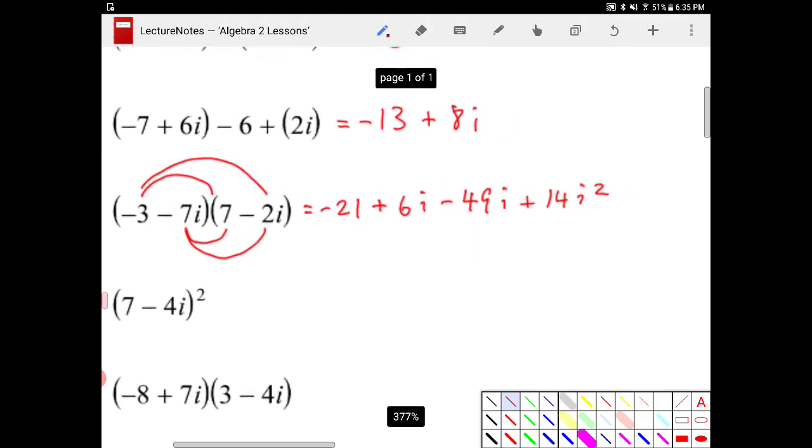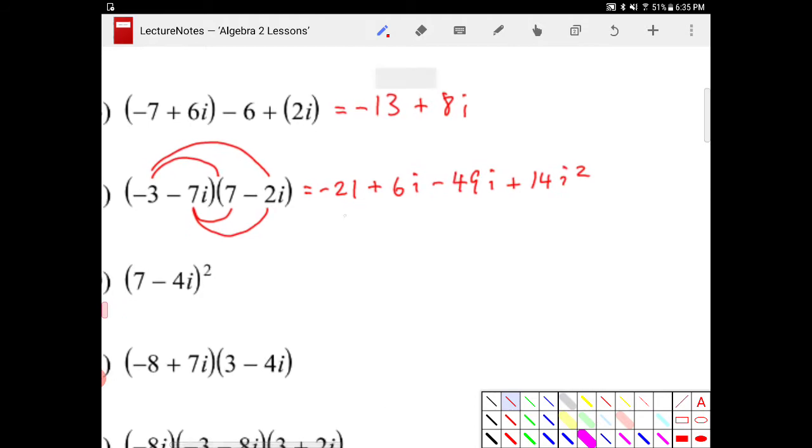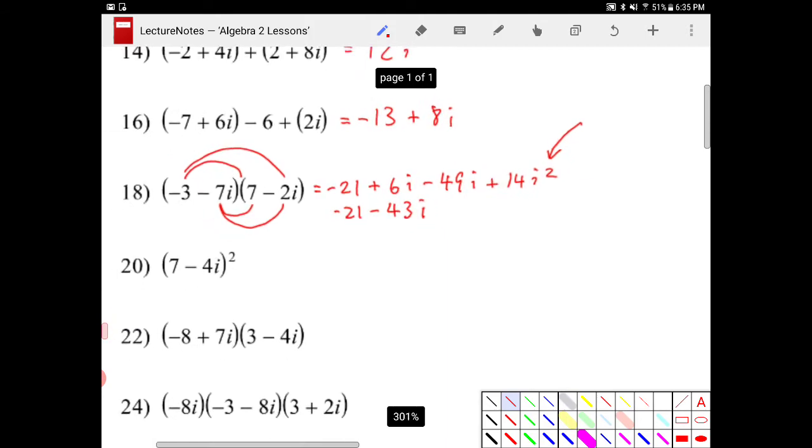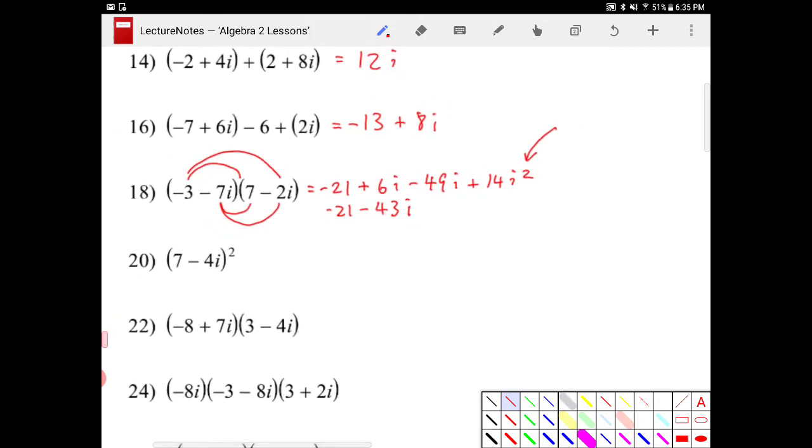We've got to continue simplifying this. Looking at this, I have negative 21 and then 6i and negative 49i. That makes negative 21 minus 43i. And then I have this 14i squared. Recall in the previous video, i is equal to the square root of negative 1.